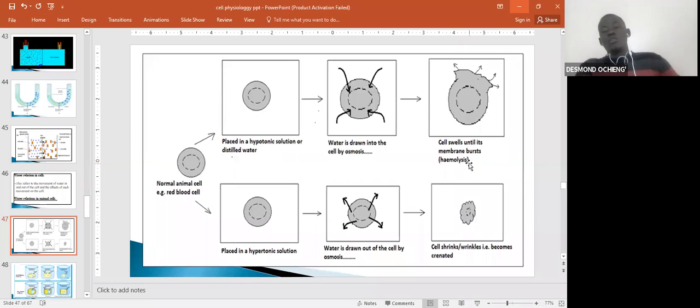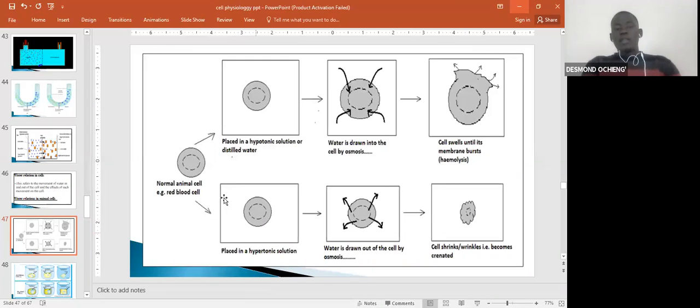Hemolysis is the name of the process. In other words, hemolysis is the bursting of red blood cells when placed in a hypotonic solution. As you can see, this diagram illustrates that.